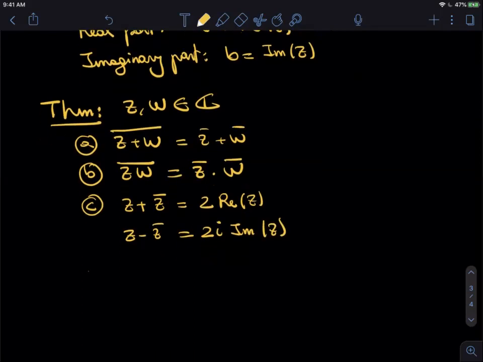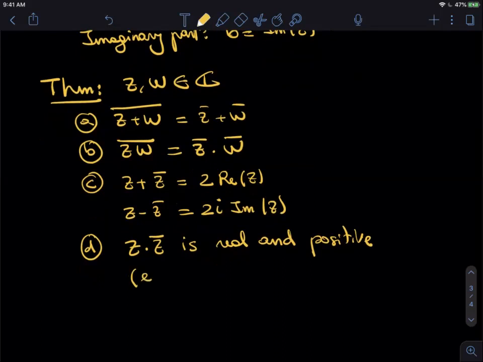And then the last one, when we multiply z times its conjugate, this is always real and positive, maybe except when the number is 0, of course.